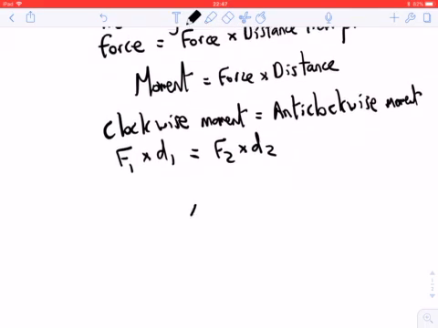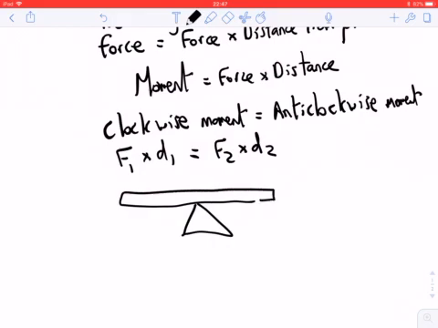So if I were to show that on a diagram with the forces and the distances labelled, we might have an object here and an object here, and let's suppose that this is exerting a force F1, we've got a force F2 over that side, and there is a pivot in the middle, and the distances from the pivot are D1 and D2.